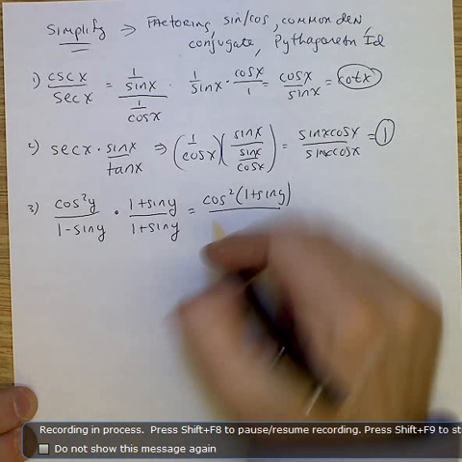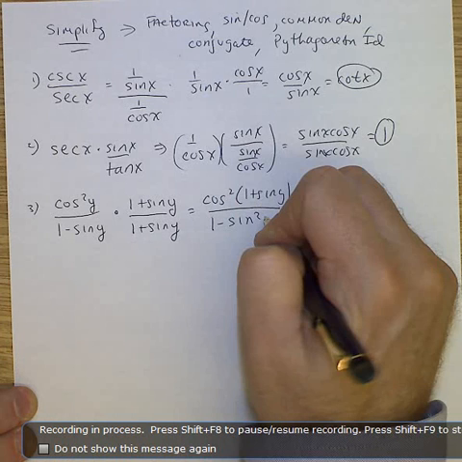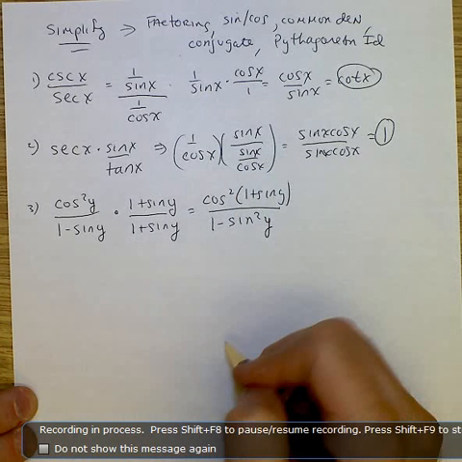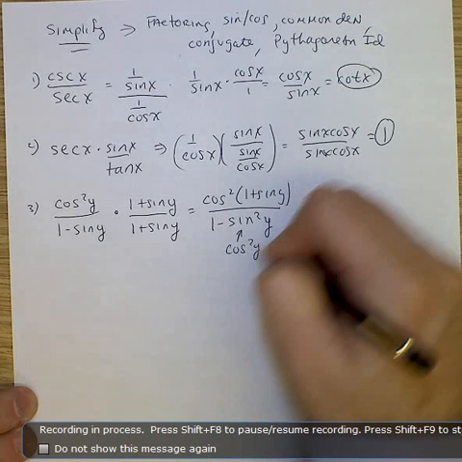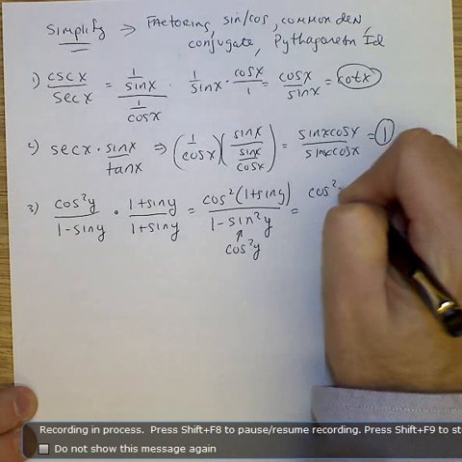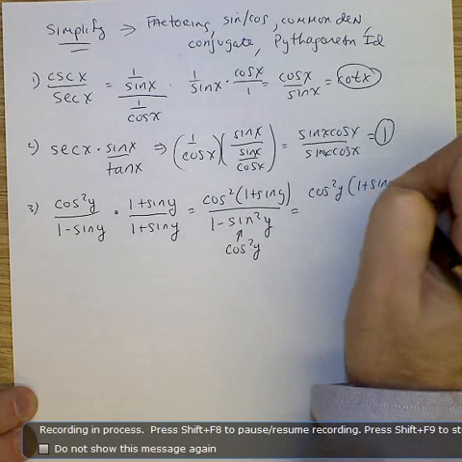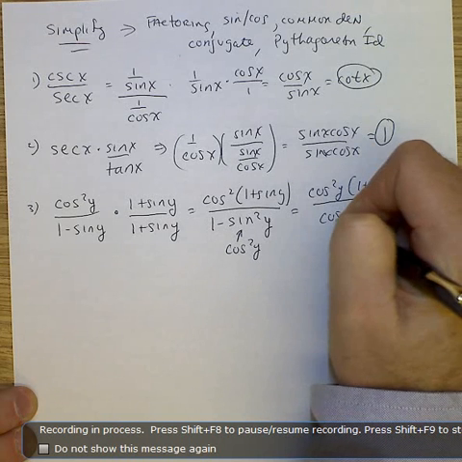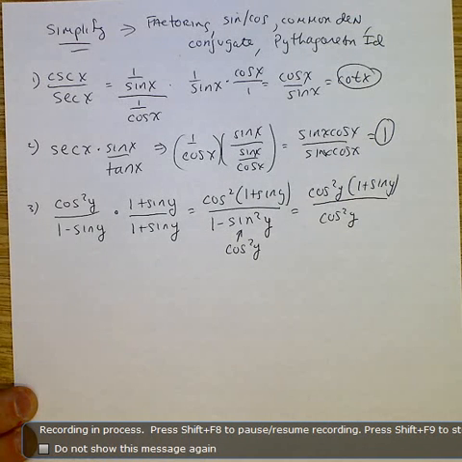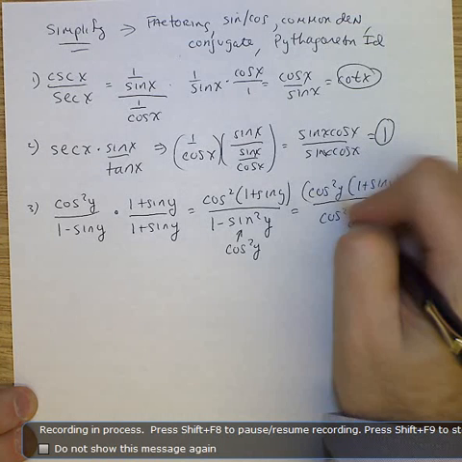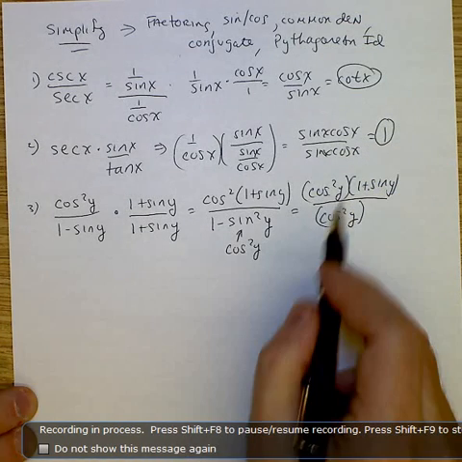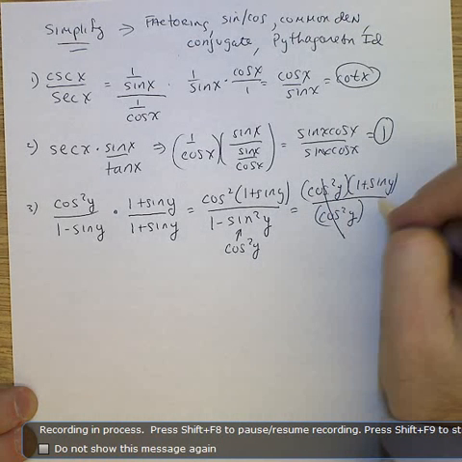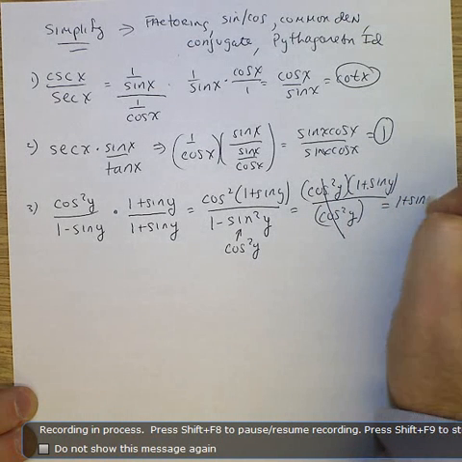That's just going to be a squared minus b squared. 1 minus sine squared y, use a Pythagorean identity. That is the same as cosine squared y. So we end up with cosine squared y, 1 plus sine y over cosine squared y. We can cross off here. We have multiplication. There's no addition. We got a term, and a term. There's no plus sign here, so we can cross these out, and our final answer is 1 plus sine y.